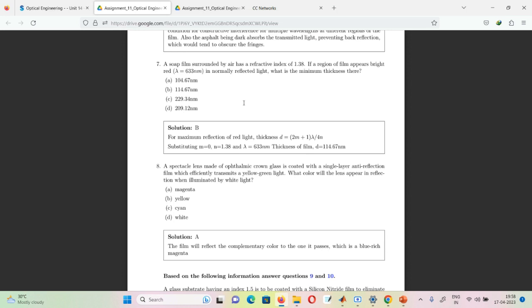a thickness or a particular path length, plus you add extra path length of lambda. It will give the same condition. Add 2 lambda, it will give the same condition. Add 3 lambda, if you are adding extra path difference of lambda, it will give exactly the same condition. Similarly, on the phase, you add 2 pi, it will give the same condition.